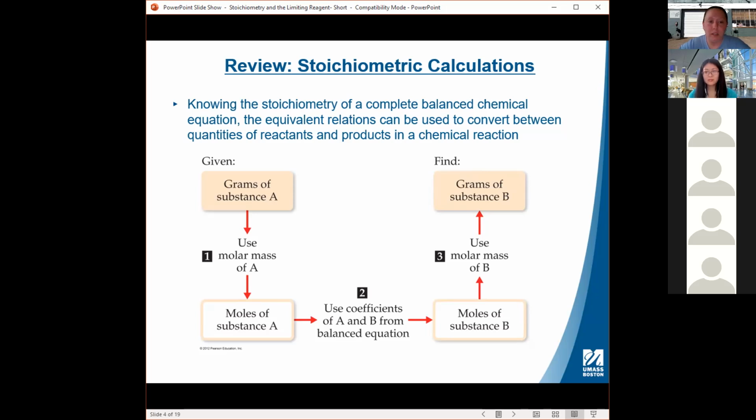So we can convert grams of one substance using molar mass to the amount of moles we have of that substance, and we can do the same thing with another substance. In that way, we can compare the amount of moles of one thing to the amount of moles of another thing.